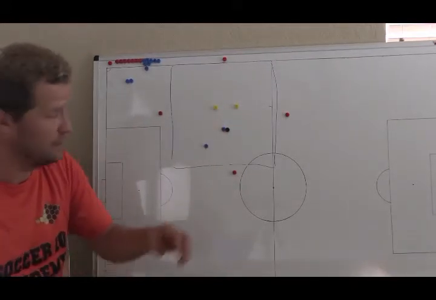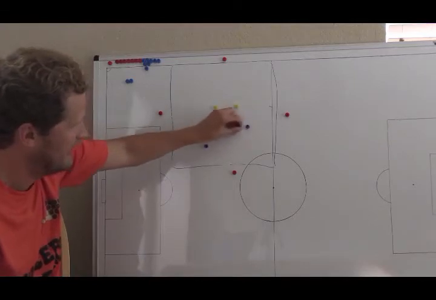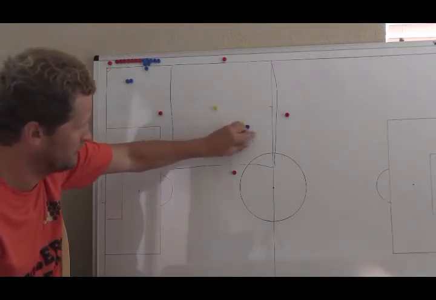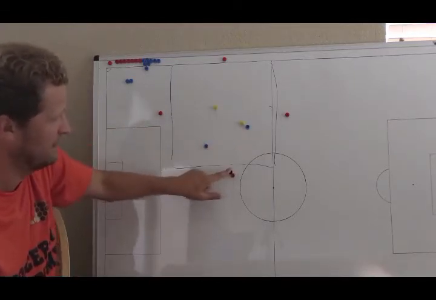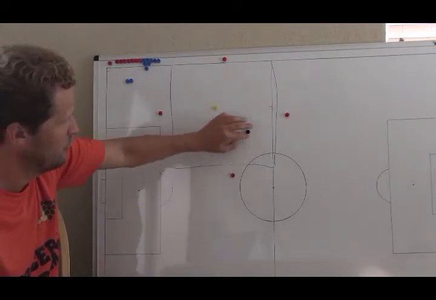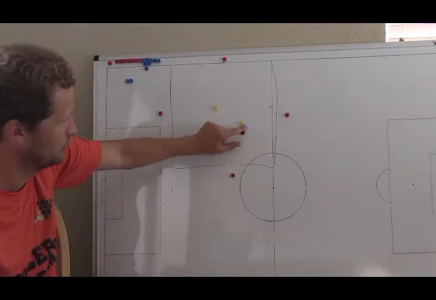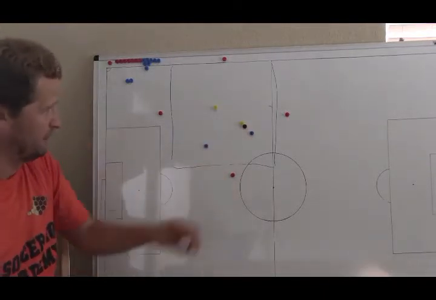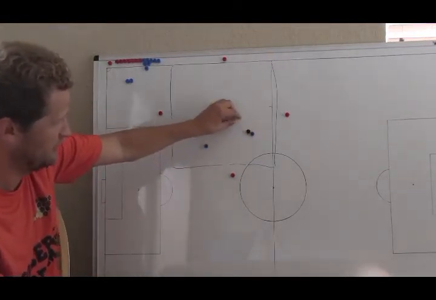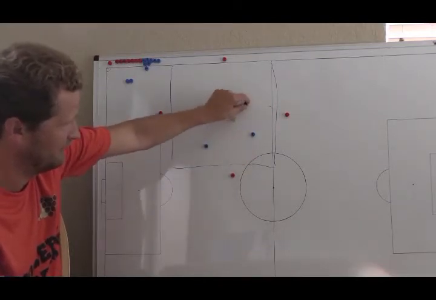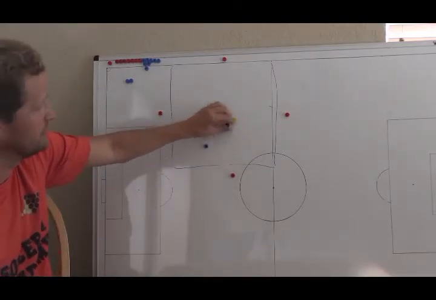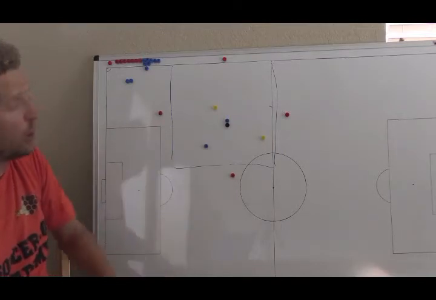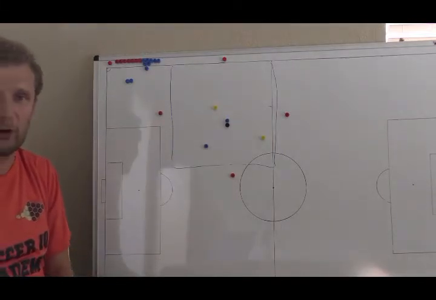Here we're looking again at opening up into the space and also receiving the ball away from pressure. So if this red player plays the ball to blue, we want to receive away, we don't want to receive facing the pressure, if the pressure is really close. If the pressure is far, we can receive and then play that better. We're also looking to receive the ball not facing the same way it's coming from.